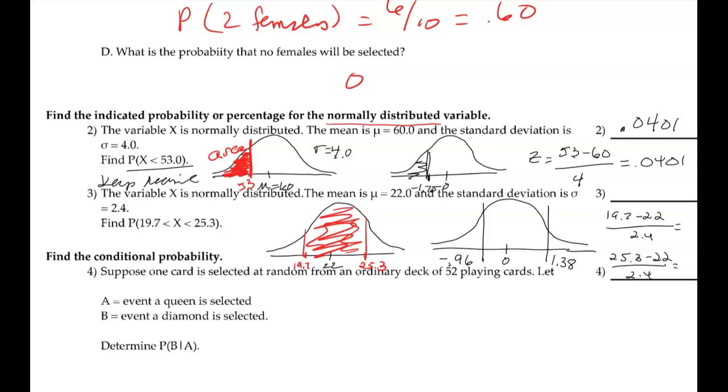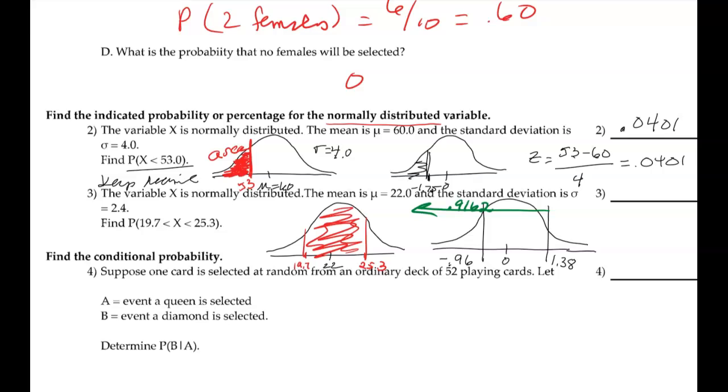Okay, so what you need to do now is go ahead and find those areas. So again, 1.38, the area all the way to the left is 0.9162. You got to get that from your sheet. I'm not going to keep going back to the formula sheet. You should have that in front of you and should be able to find it.